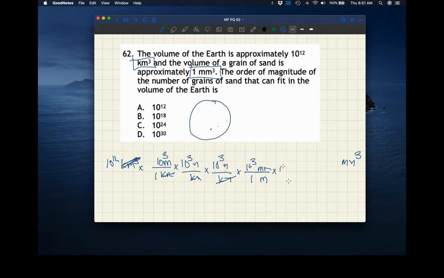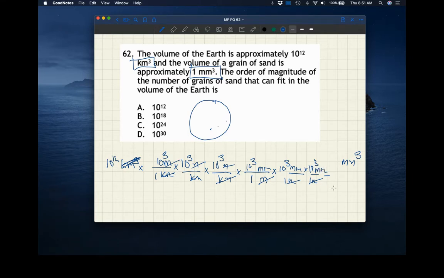And we have to do that 3 times to get to cubic millimeters. And so that gets rid of cubic meters. Meters cancel. And that gives us then millimeters cubed.